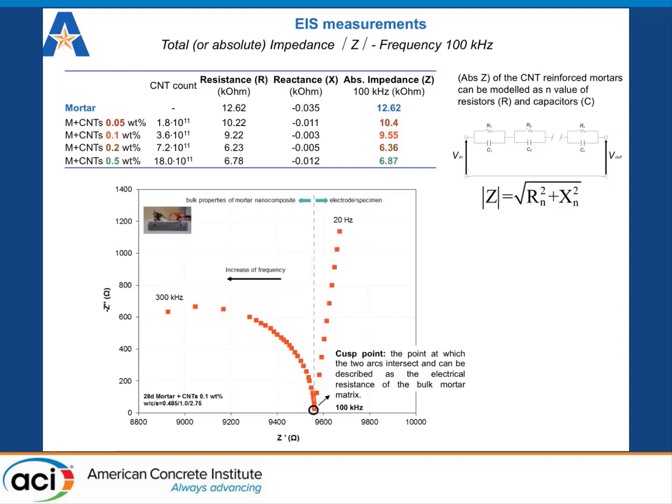And this is the typical approach, the most common technique, which can measure the impedance directly in the frequency domain by applying just a single frequency voltage to the electrodes and measuring the phase shift and amplitude of the real and imaginary impedance at that frequency.